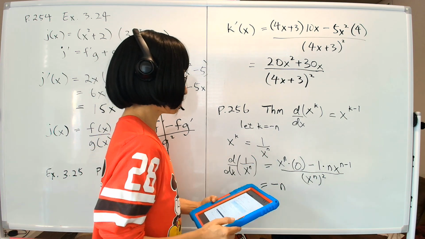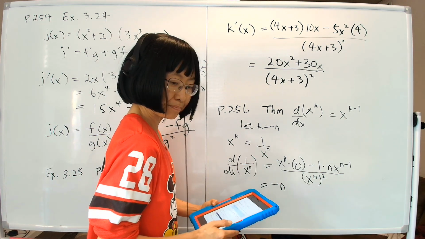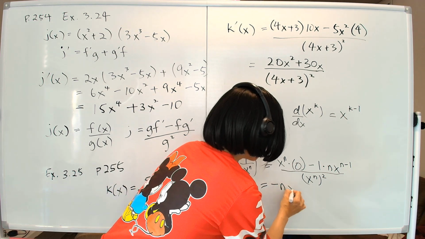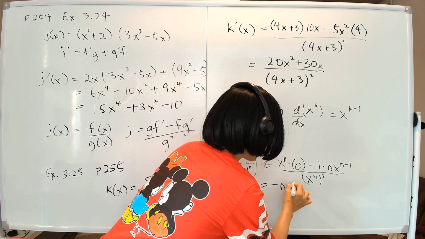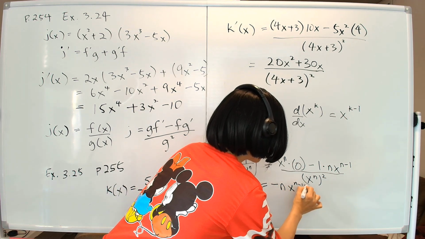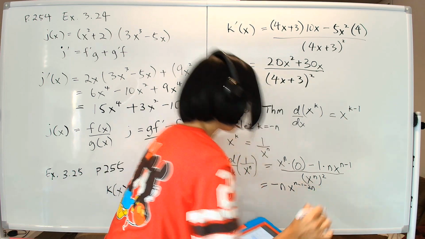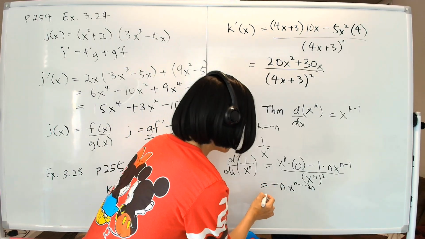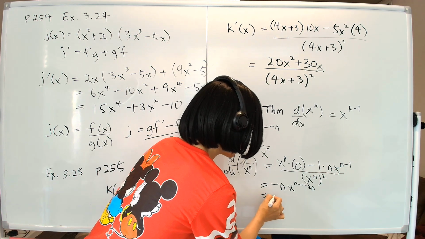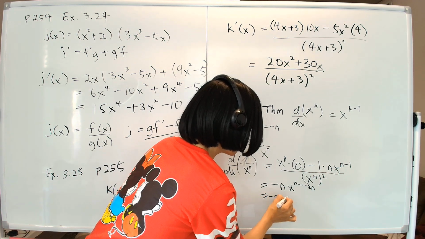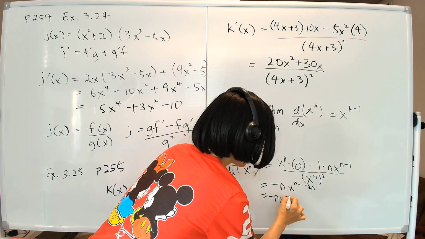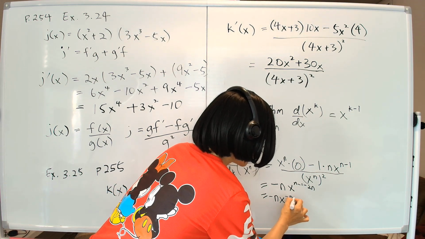So that equals minus n times x to the power n minus 1 minus 2n. Which is what? That is the same as minus n x to the power minus n minus 1.